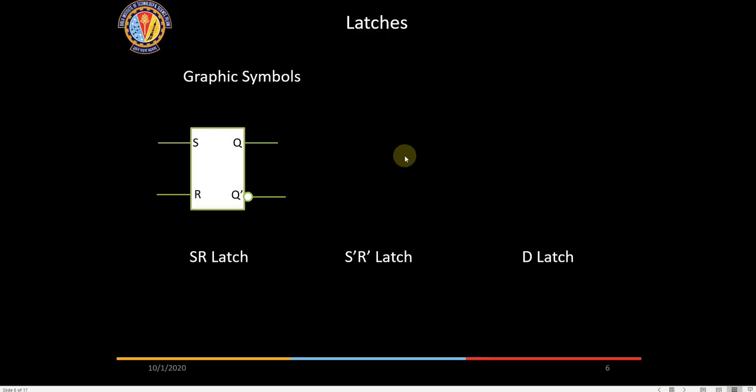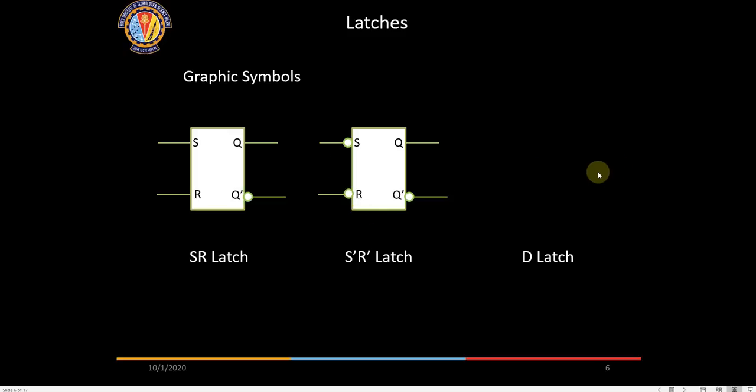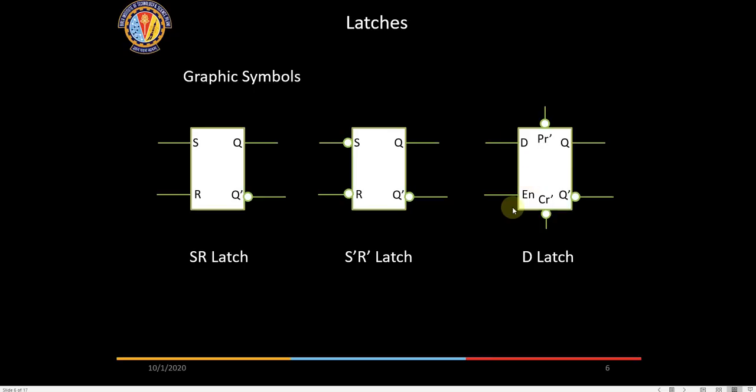So this is an S dash R dash latch, with bubbles indicating active low inputs. You have to give S equal to 0 to set it, and R equal to 0 to reset it. And this is the D latch, with enable, preset, clear, Q and Q bar. So these are the graphic symbols that we have.